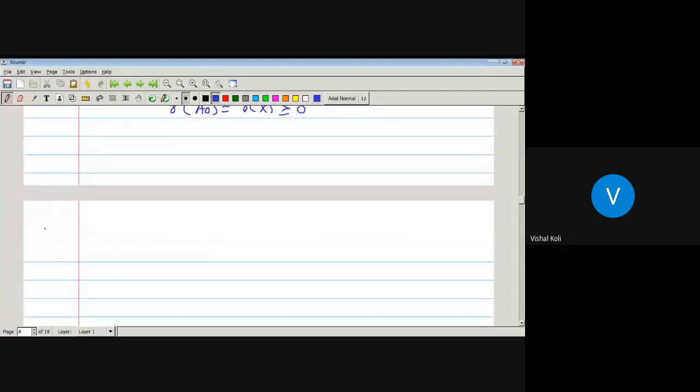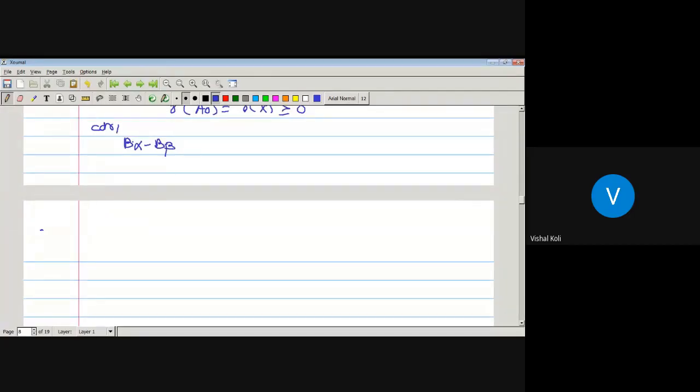Now let us consider B alpha minus B beta, where B alpha is with respect to the signed measure gamma minus alpha mu, and B beta is with respect to the signed measure gamma minus beta mu. Therefore it can be written as B alpha intersection B beta complement.